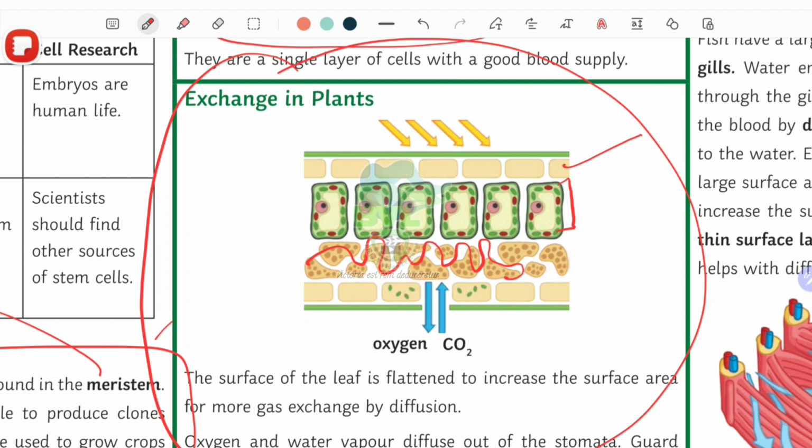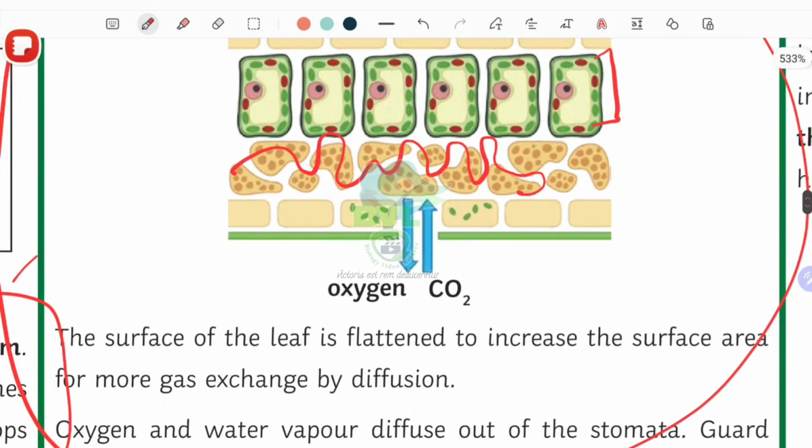So the stoma is actually the part of the leaf through which oxygen goes out as a waste product of photosynthesis, and carbon dioxide goes in as a needed product for photosynthesis. Of course, bear in mind that this arrow can be reversed if the plant is carrying out respiration.